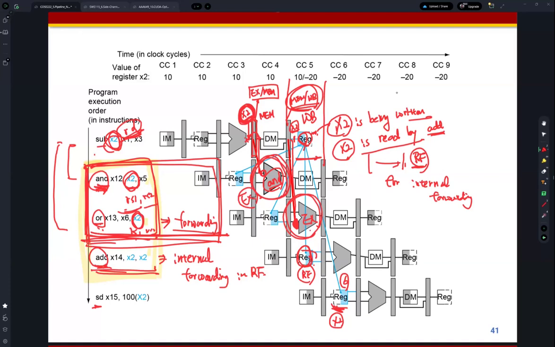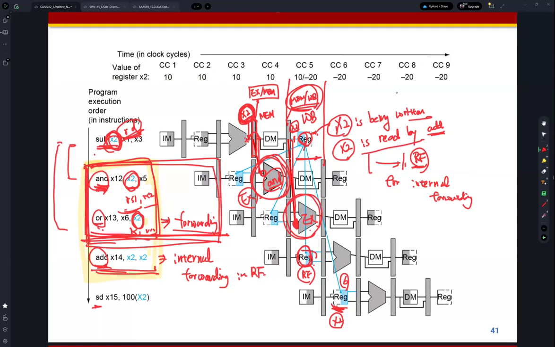As I mentioned, we can just check the RD and RS of the former and following instructions. But we need to check the data forwarding condition when the target instruction receives the data from the former instruction using data forwarding.